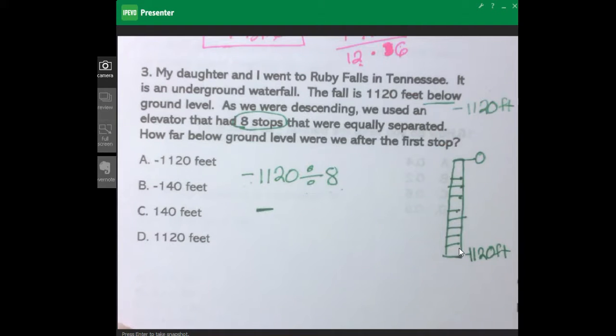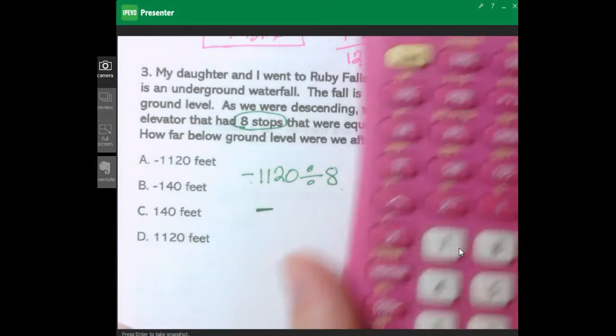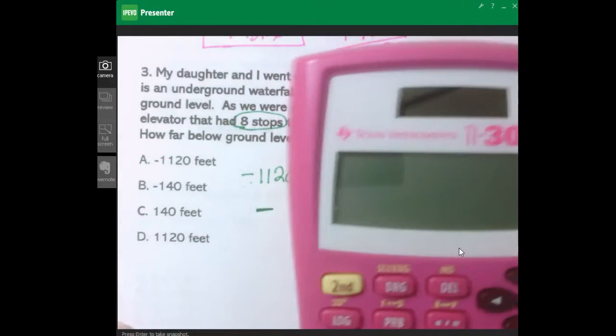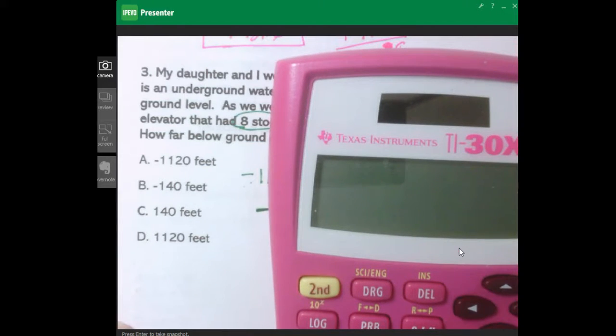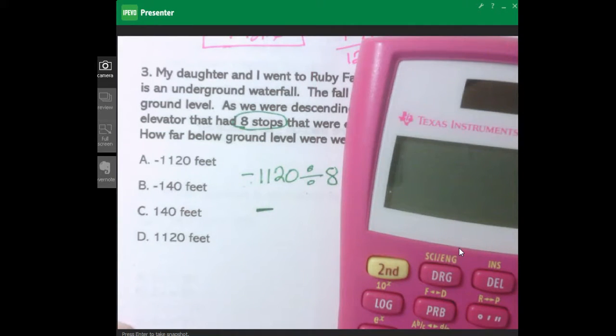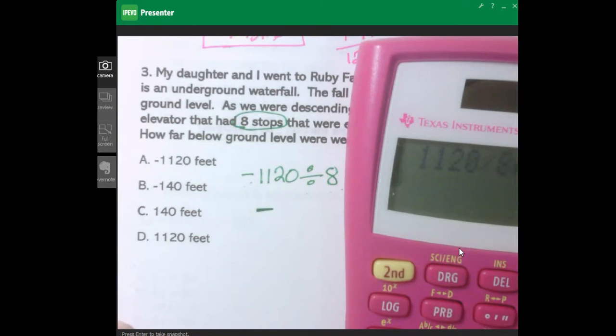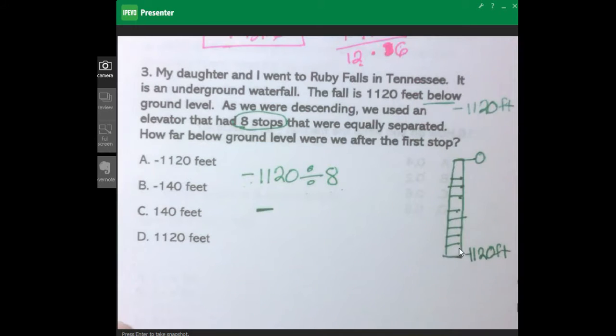You could do this as long division, or you're welcome to use a calculator. My calculator is huge in here. So if I use my calculator, I type in 1,120 divided by 8, and it gives me 140.